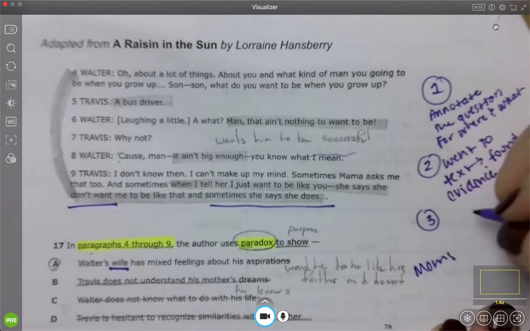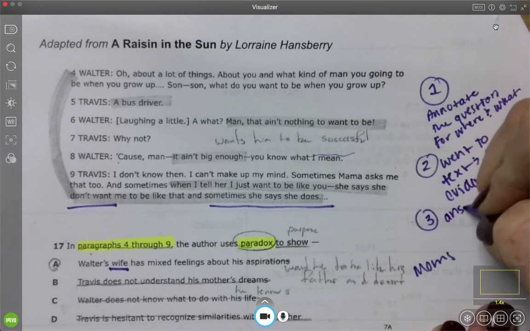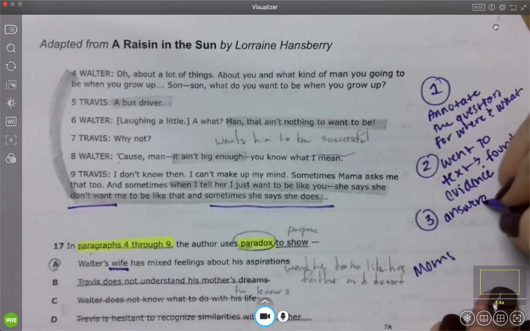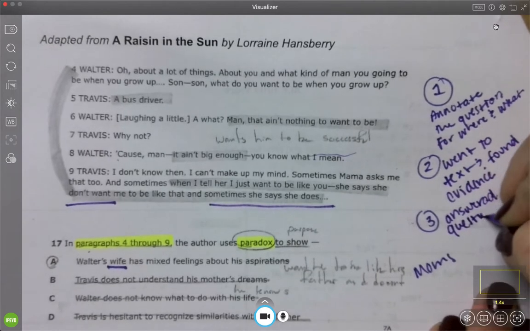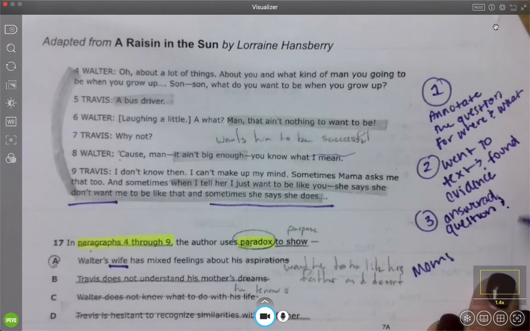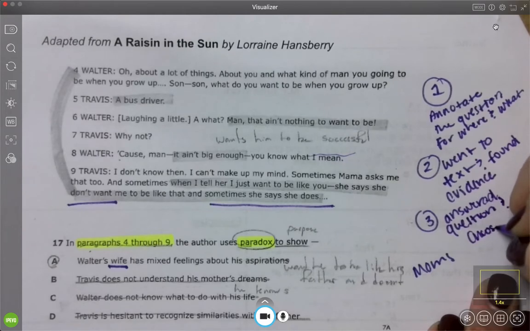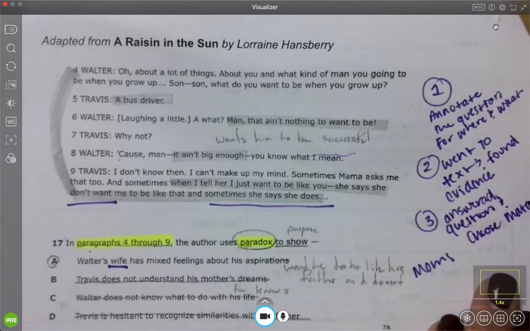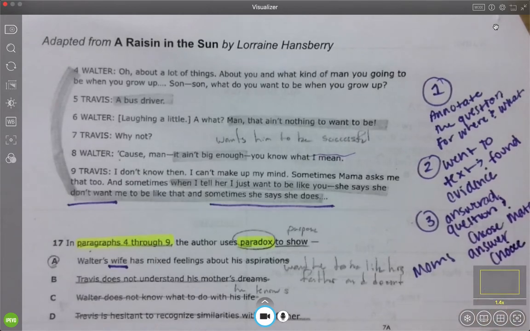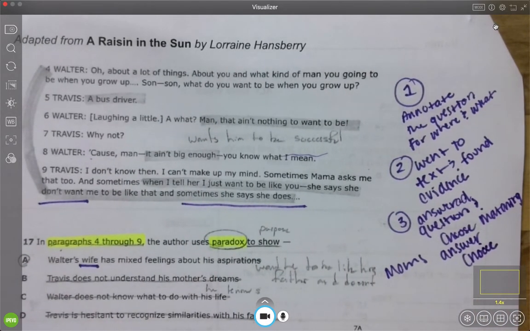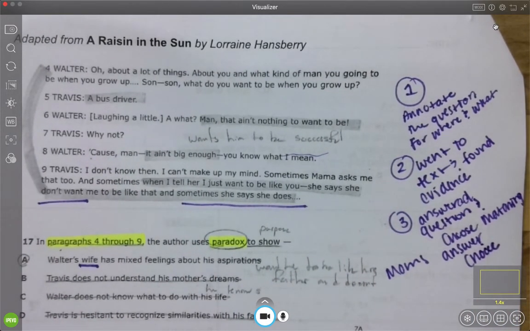And the third step is that we answered the question and chose the matching answer choice. Make sure you have these steps written down before you move on.